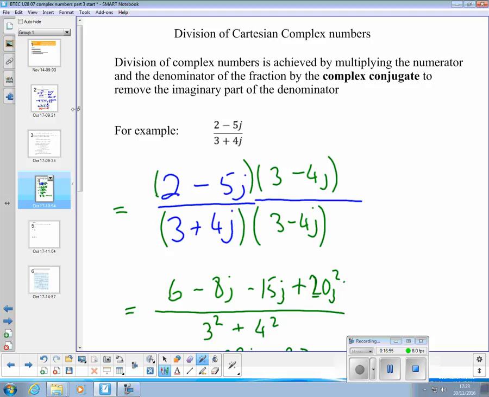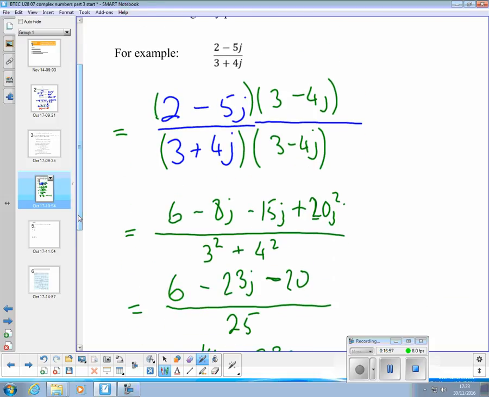Okay? Then we know that if we multiply a number by its own complex conjugate, we just square the two coefficients. So we end up with 3 squared and 4 squared on the bottom here. Then the top line, we do 2 times 3, 6.